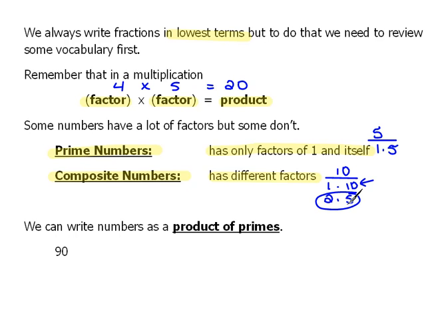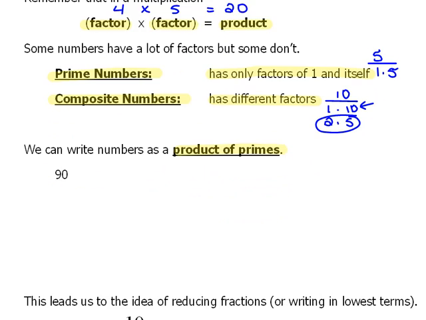Now, all numbers can be written as what's called a product of primes. If you think about what this means, product would be the answer to a multiplication problem. Primes would be numbers that have only 1 and itself as factors.